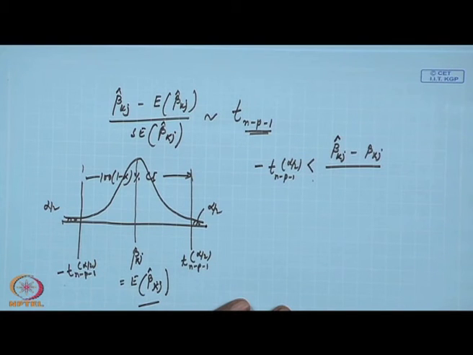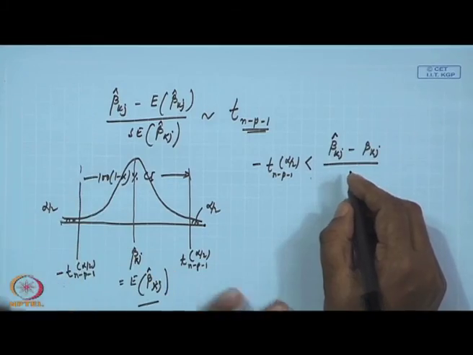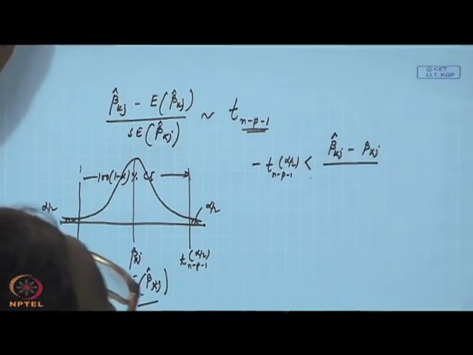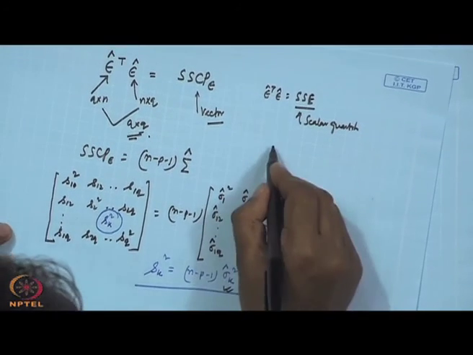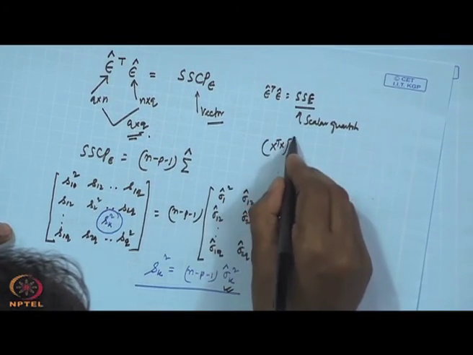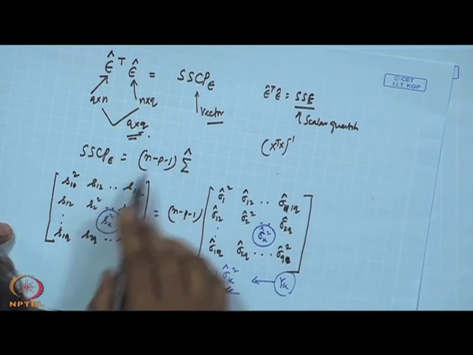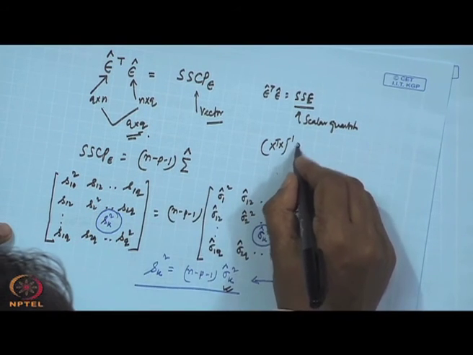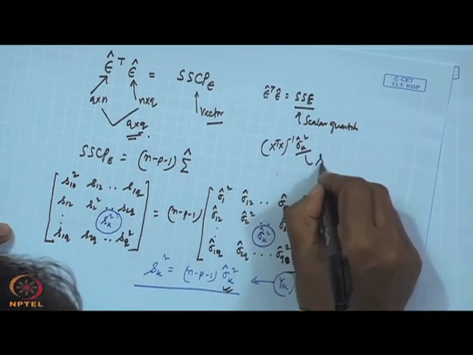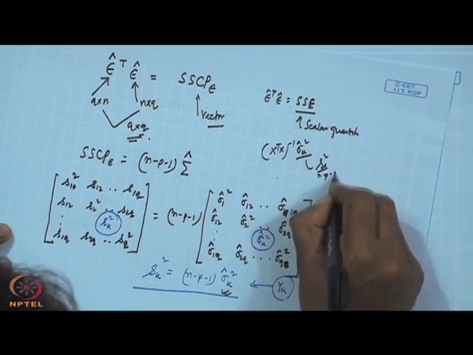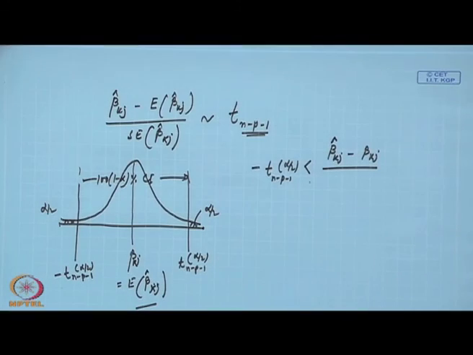We found that sigma k square is nothing but s k square divided by n minus p minus 1, correct.